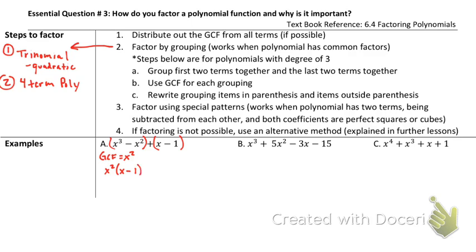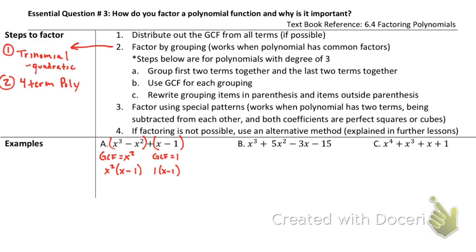Okay, what essentially I've done is I have divided by my GCF. And this is factor by GCF. Now I'm going to do the same thing for the second binomial here, and I'm going to take out a GCF. In this case, my GCF is equal to 1 because there's nothing common that divides. So I'm going to have 1 times x minus 1.